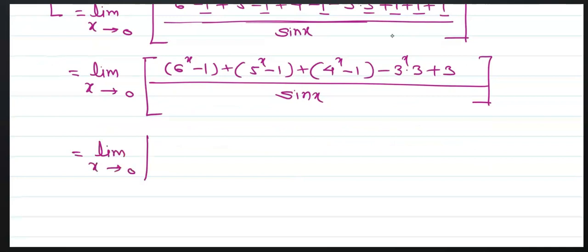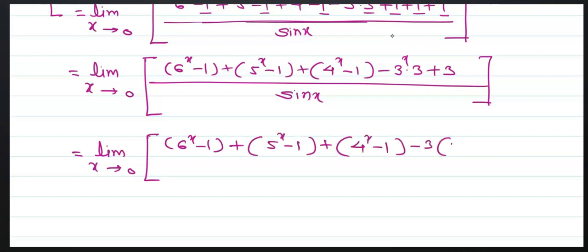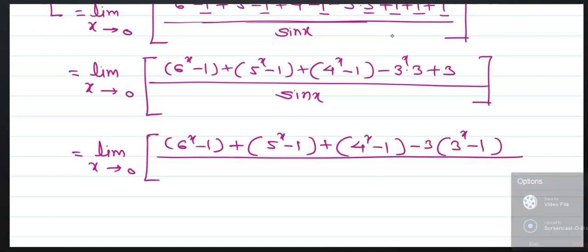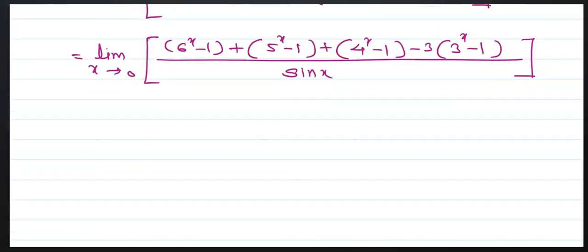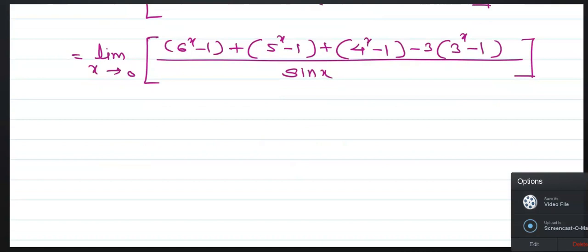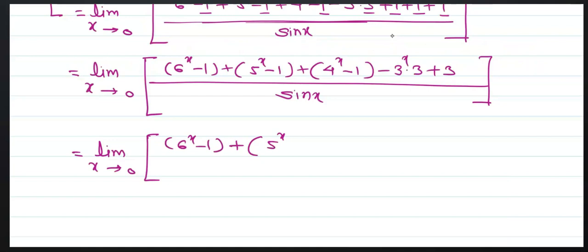Then in the bracket, limit x tends to 0, plus 5^x − 1, 4^x − 1, minus 3, upon sin x. That is, from all these terms, we take this.